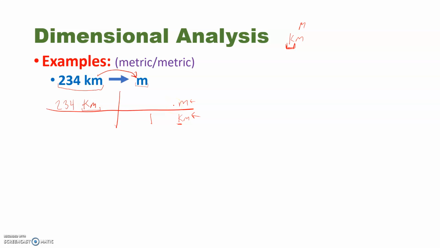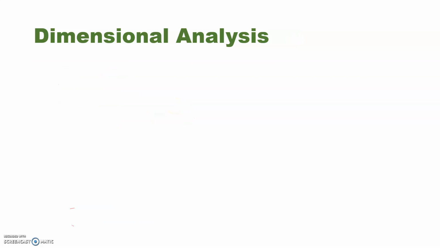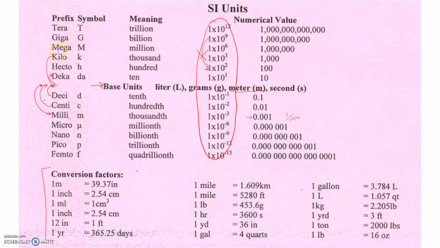Now what number does it get? That's where we go back to our pink sheet and look up kilo. Kilo equals 1,000, so that's the number that the base gets. So this is where you write prefix equals 1, base equals the number.